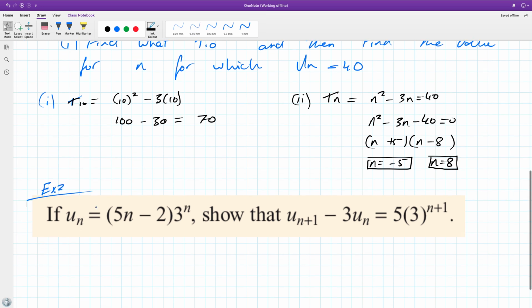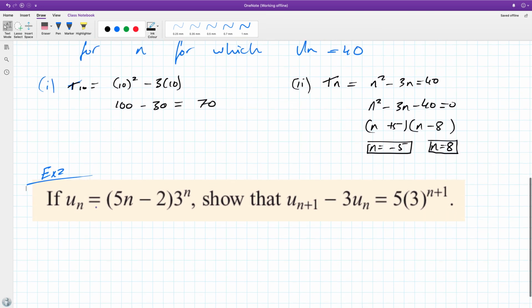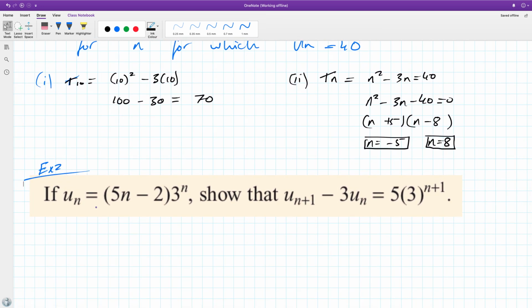If un is equal to 5n minus 2 times 3 to the power of n, show that un plus 1 minus 3 times un is equal to 5 times 3 to the power of n plus 1.